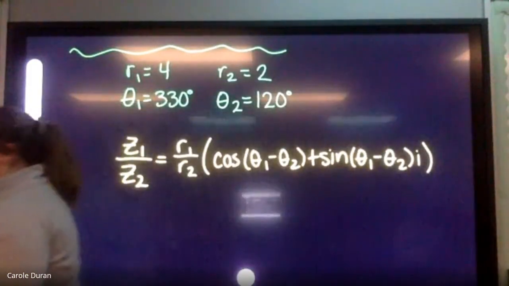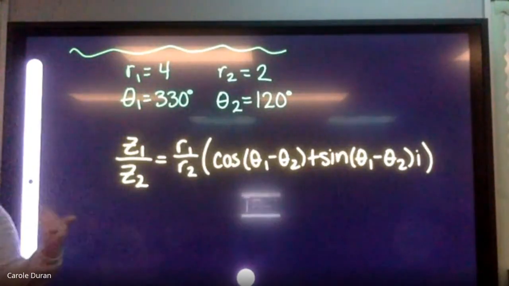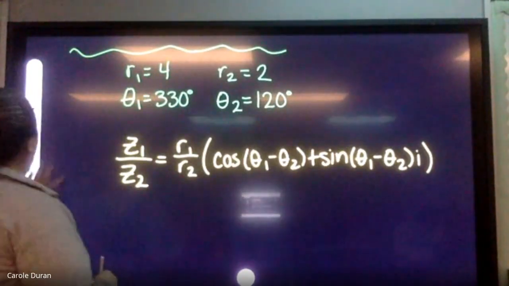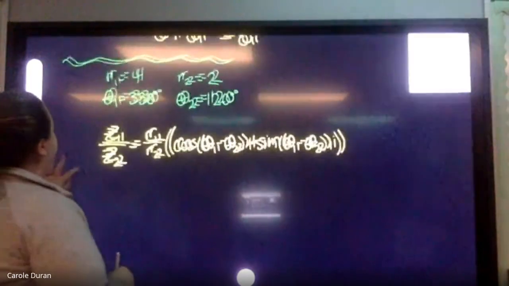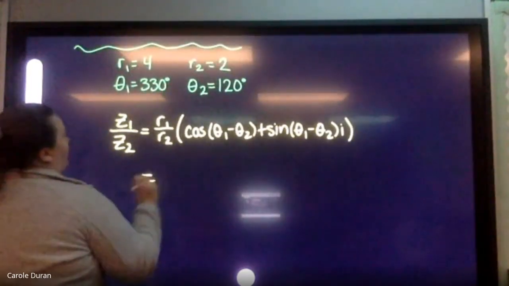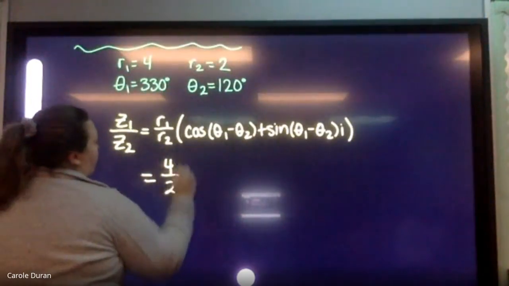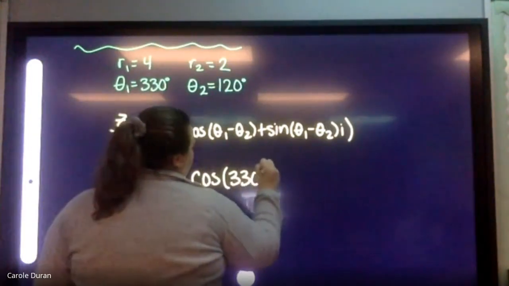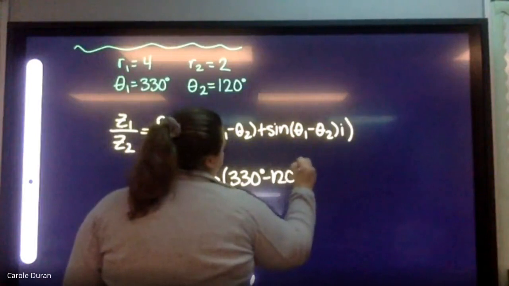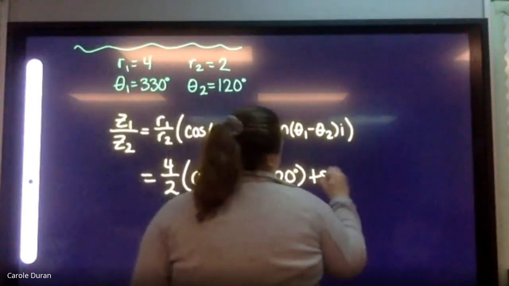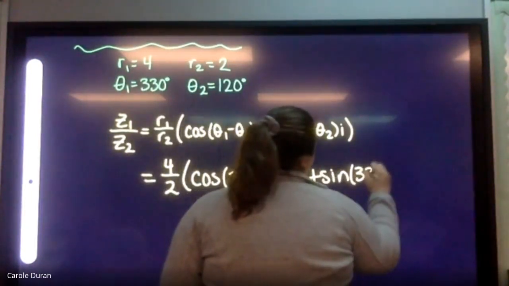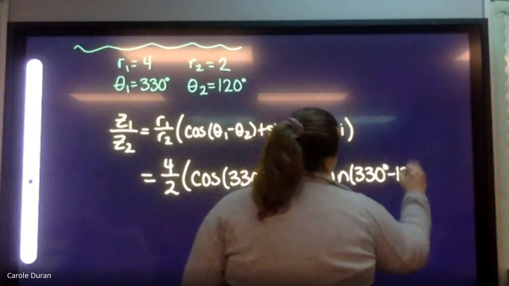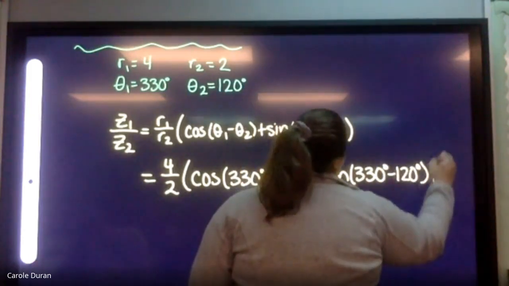I have both my R's, I have both my thetas. Let's go ahead and fill those in. So then this is equal to 4 over 2 times cosine of 330 degrees minus 120 degrees plus sine of 330 degrees minus 120 degrees i.